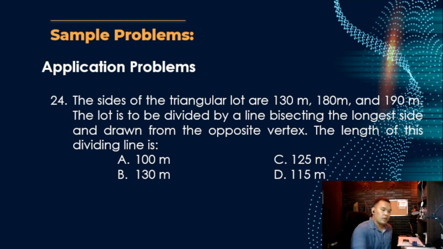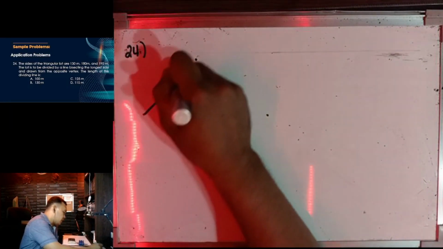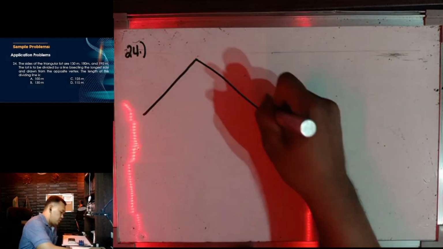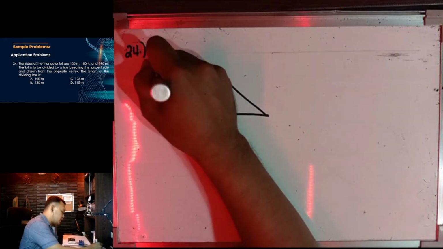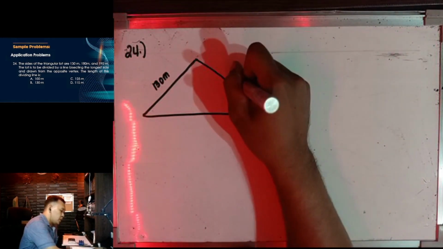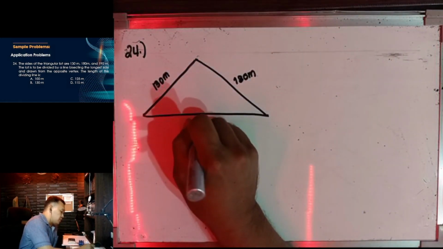So, we have triangular lot daw na kung saan ay may dimension which is equivalent kay 130 meters, 180 meters, and 190 meters.